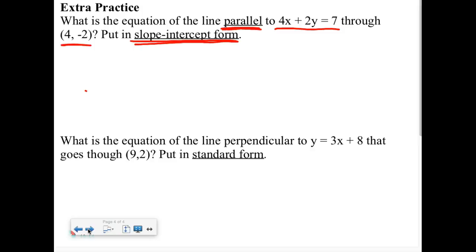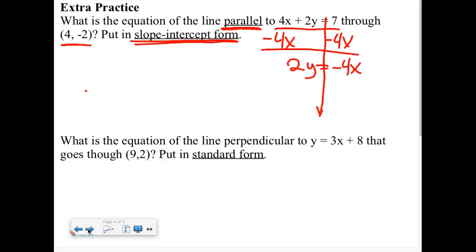So first of all, we do not know slope, so I have to take this standard form and put it into y equals mx plus b. So I'm going to minus 4x, minus 4x. I have 2y equals negative 4x plus 7. I need to divide everything by 2.